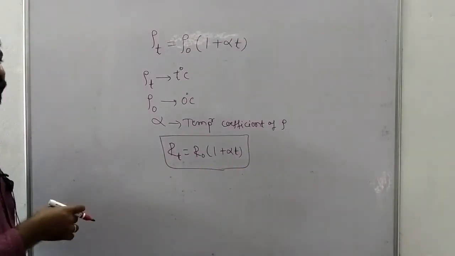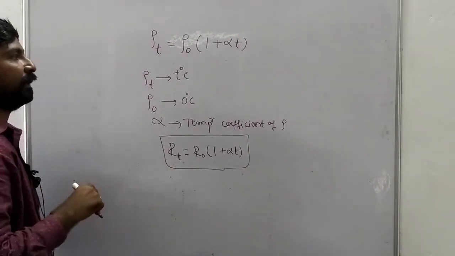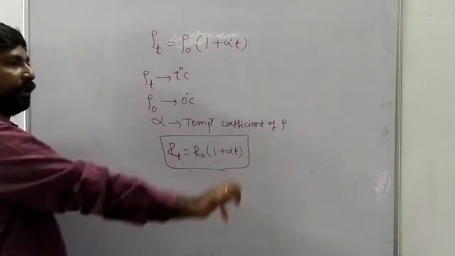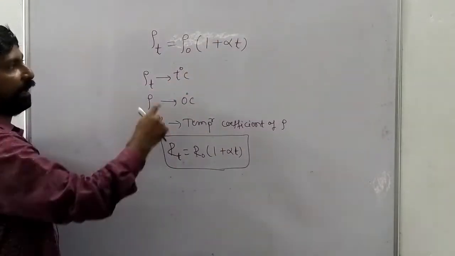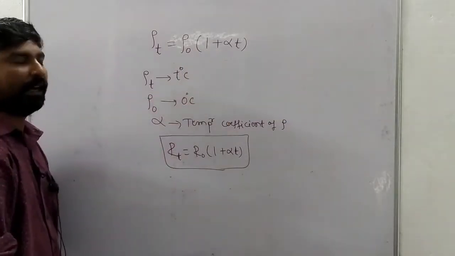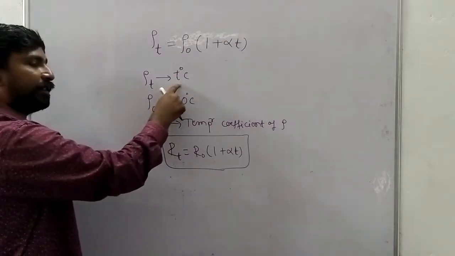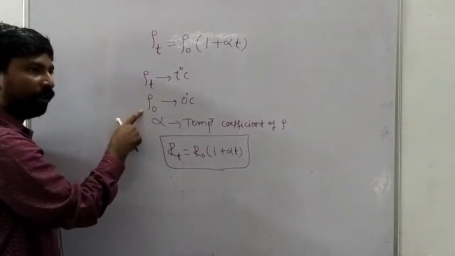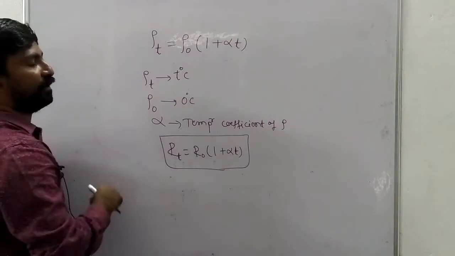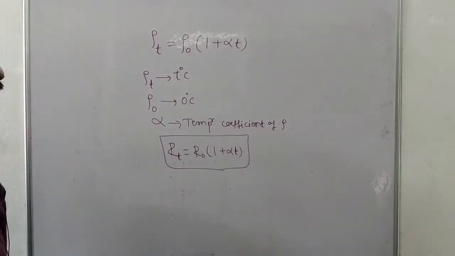So how does the resistivity of metal vary with temperature? The resistivity of a metallic conductor is directly proportional to the temperature. For a conductor it can be shown that rho T is equal to rho naught into bracket of 1 plus alpha T, where rho T is the resistivity at temperature T degree Celsius, rho naught is the resistivity at 0 degree Celsius, and alpha is the temperature coefficient of resistivity.